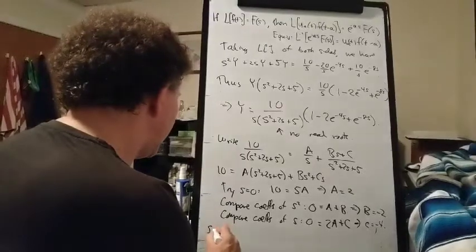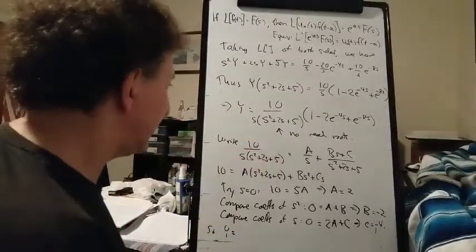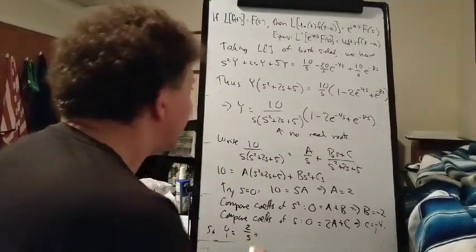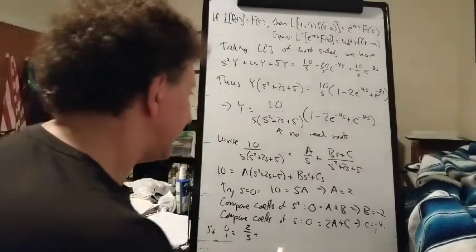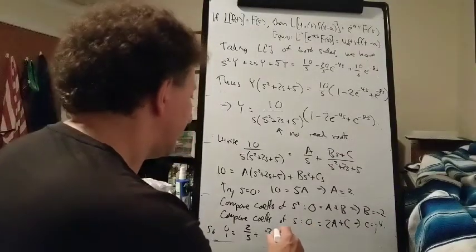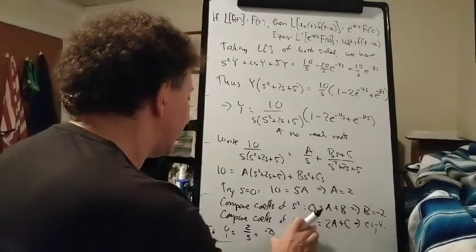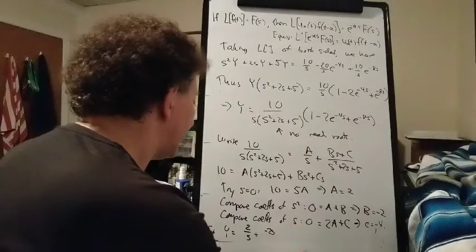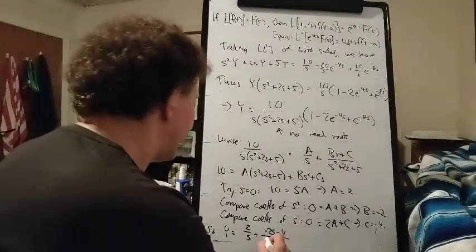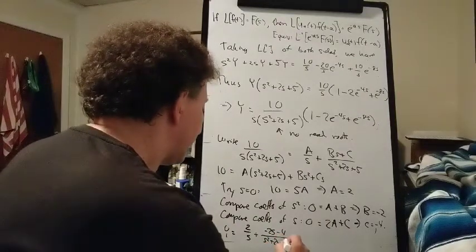So Y equals, a is 2, 2 over s plus negative 2s minus 4 over s squared plus 2s plus 5.